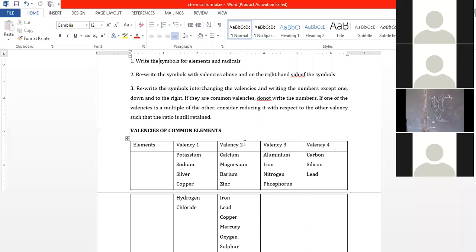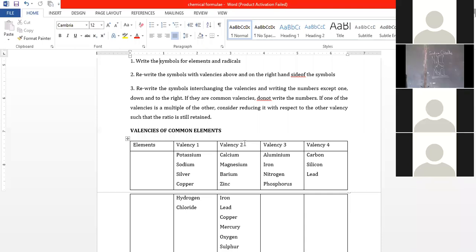We said valence is usually the number of electrons that an element can lose or gain or share in order to obtain a stable electronic configuration. And remember, when we are writing chemical formulas, we need those valencies. Of course, during our previous lessons, we said that when you write the electronic configuration of any element, you should be able to determine the valence.